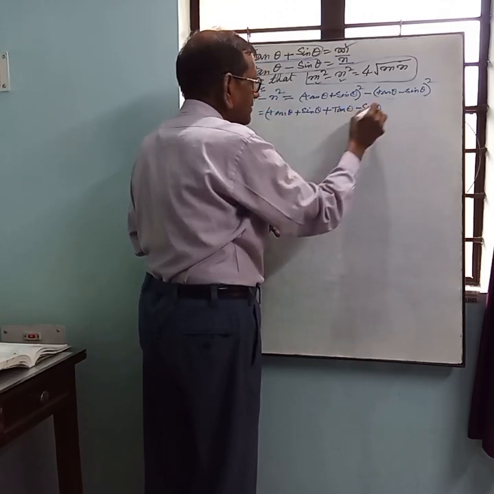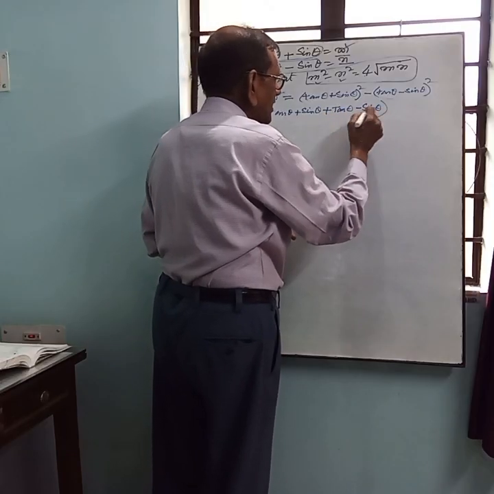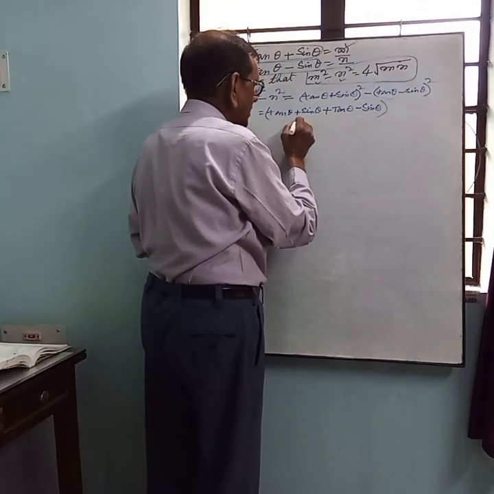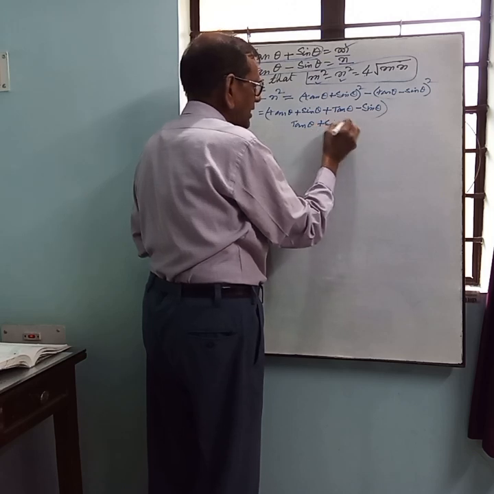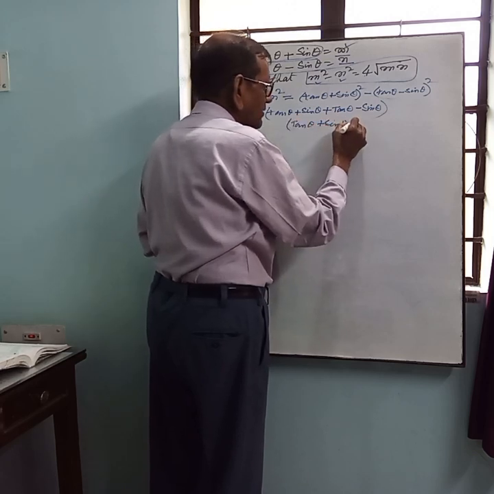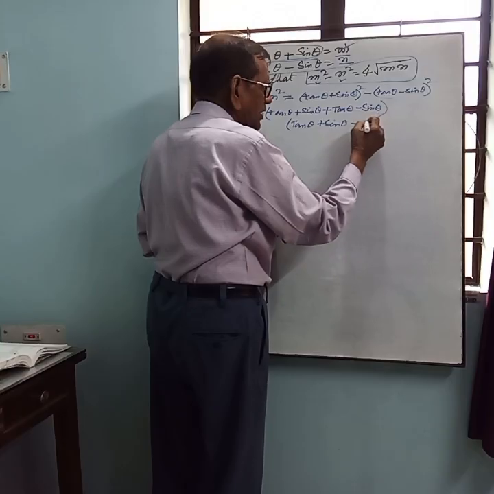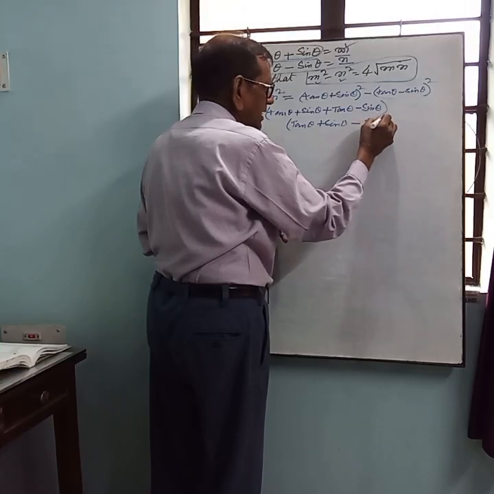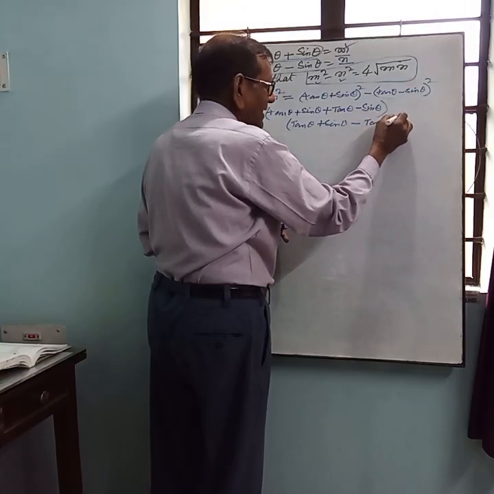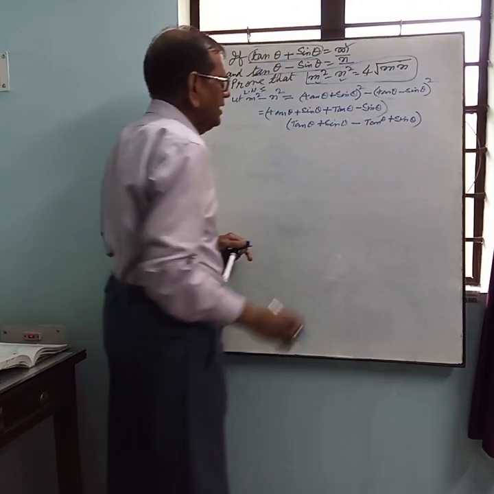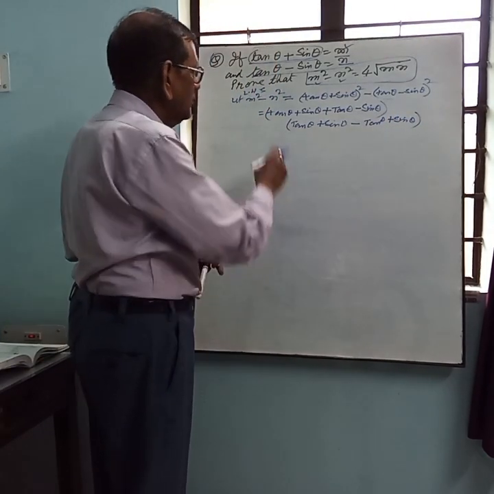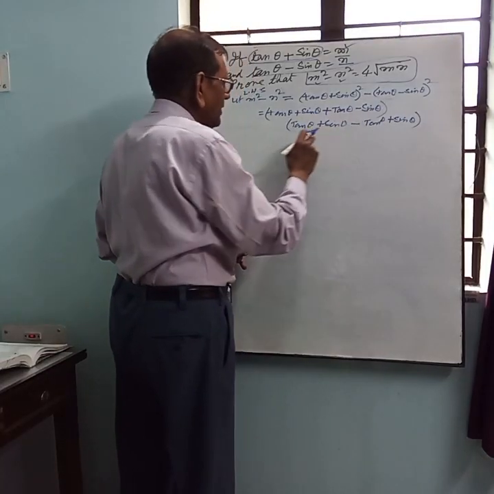A plus b into a minus b, tan theta plus sin theta. A minus will make this sign change. Minus tan theta plus sin theta. This is important. A square minus b square is a plus b into a minus b.